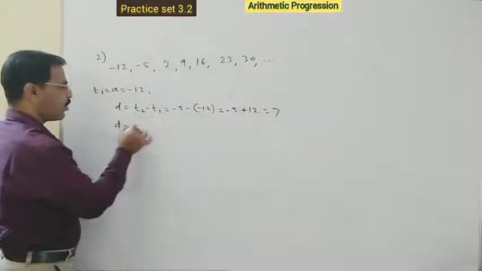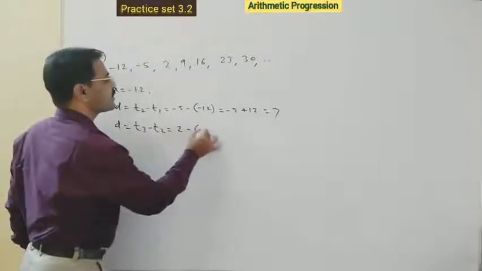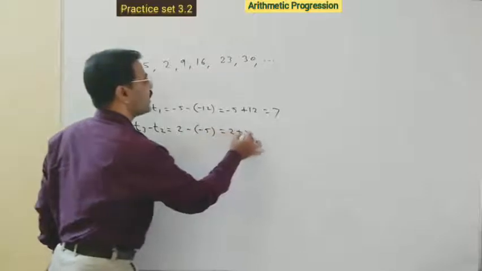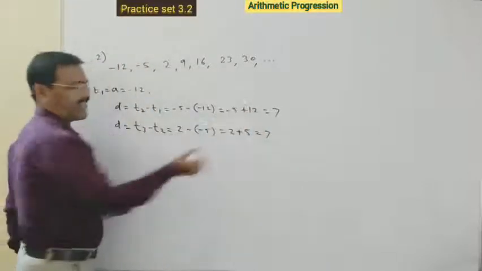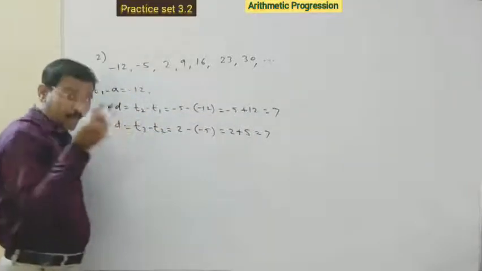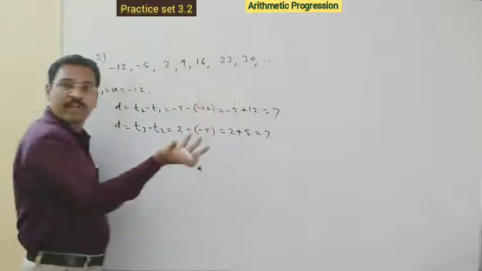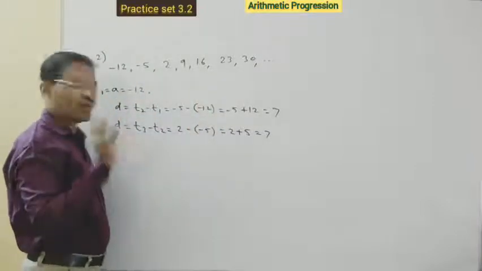Again d, we'll check whether it is the same here. T3 minus T2, that is 2 minus (minus 5), 2 plus 5, 7. It looks like it is the same, but we have to check all the terms. Maybe there is a difference somewhere else, and then it would not be an AP. That is why we have to check all terms.